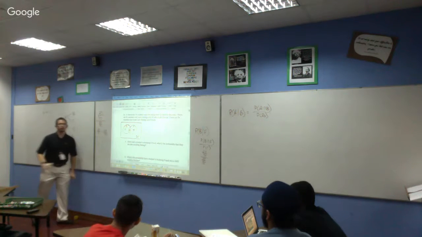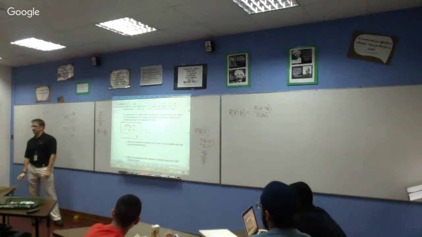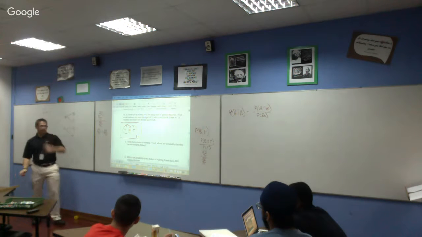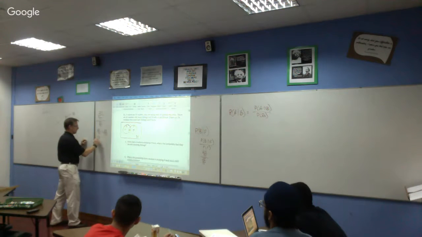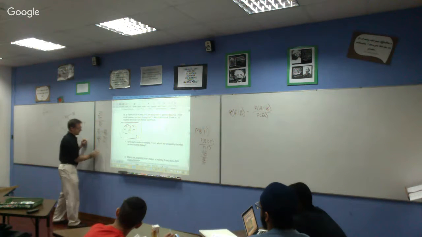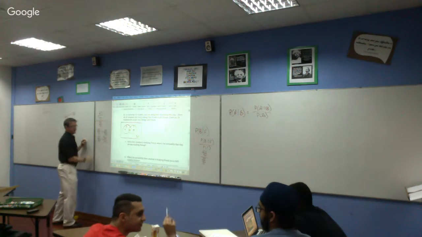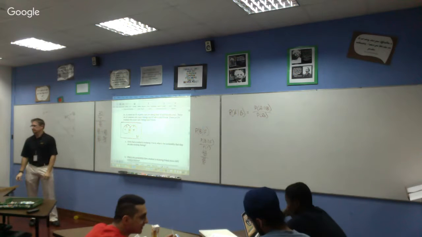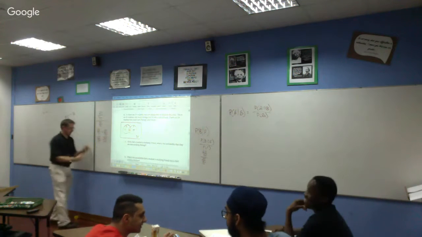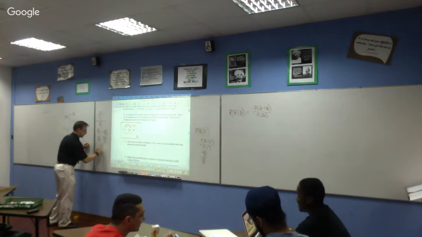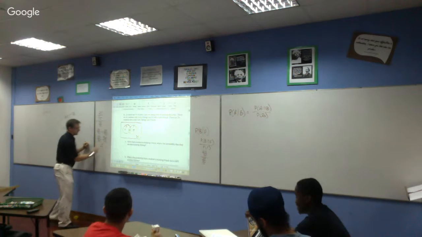How do you divide two fractions? Multiply by the reciprocal. So 24 out of 95 times 95 out of 39. The 95's cancel. How do you multiply two fractions? Straight across. 24 out of 39.